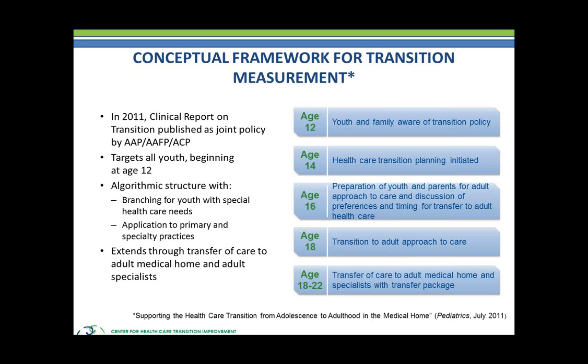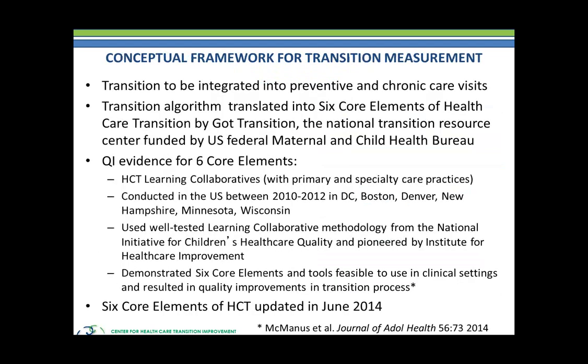It's an algorithmic structure. If you haven't seen this report, it really is set up that way to be thinking about putting this into an electronic record system, and extends through transfer into adult health care. So it's really bringing in the adult half of this. Next slide really goes on to say we're working about putting transition into preventive and chronic care visits.